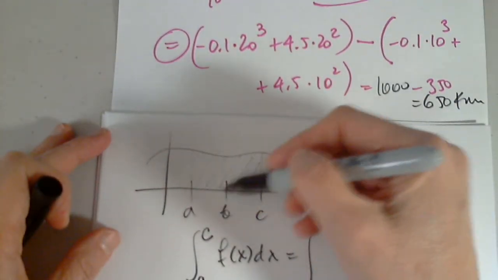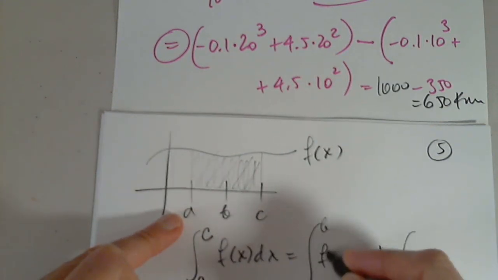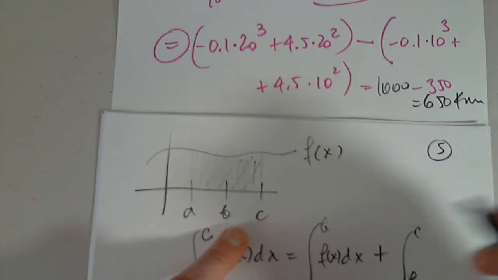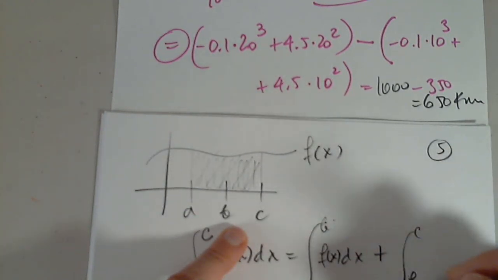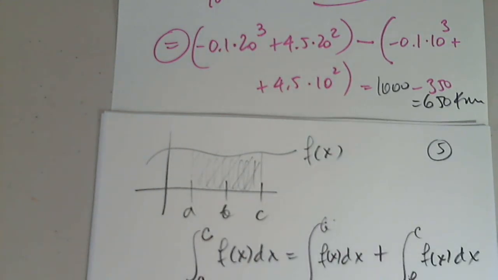So all this area is the sum of the integral from a to b of f of x dx, and the integral from b to c. Notice that these have to be the same f of x dx. So this is property 2 of definite integrals.